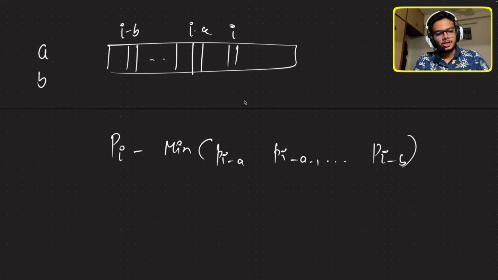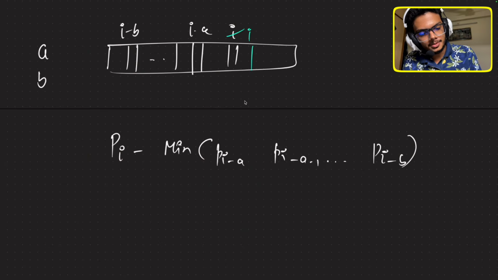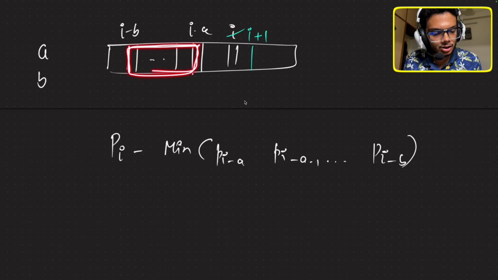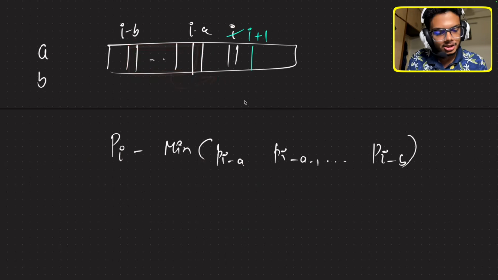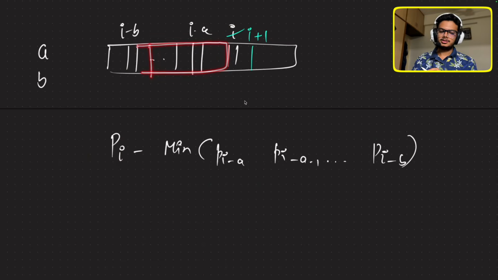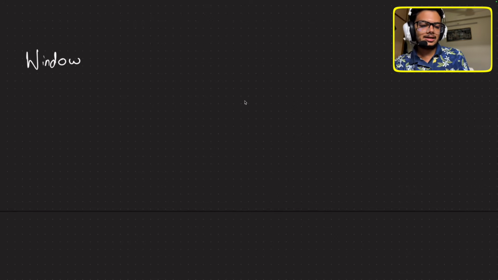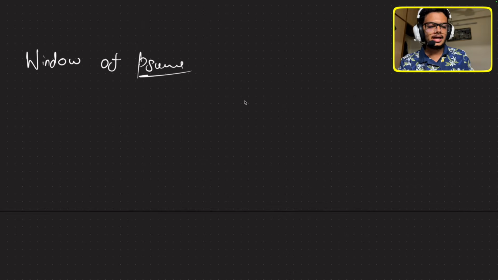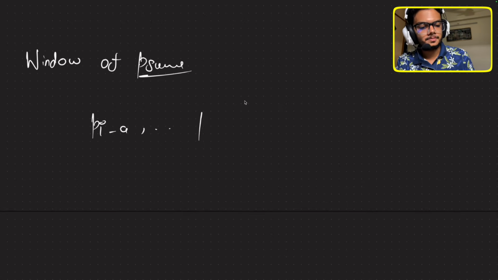So that's interesting. What happens is, when you move ahead, for example, when you move I to I plus 1, when you come here, now this sort of window of prefix sums also moves ahead, right? So next time all the prefix sums that you consider will be this, right? So in other words, what we have to effectively do is track a window of prefix sums, and those prefix sums go from pi minus a to pi minus b.